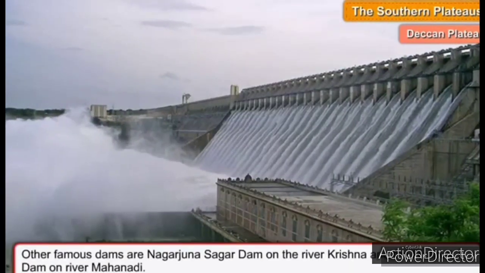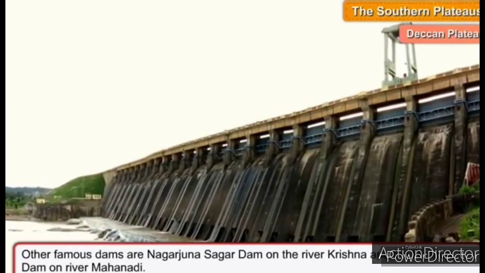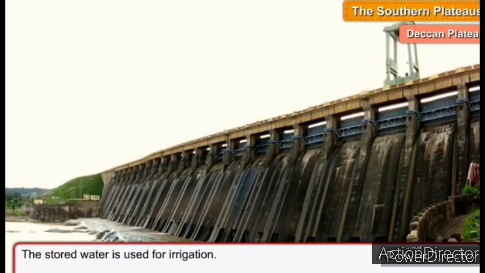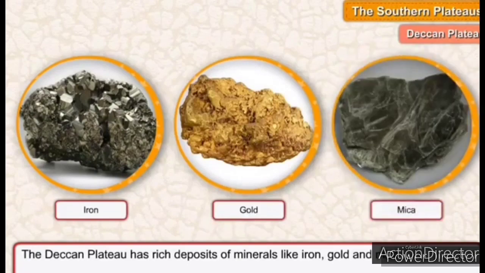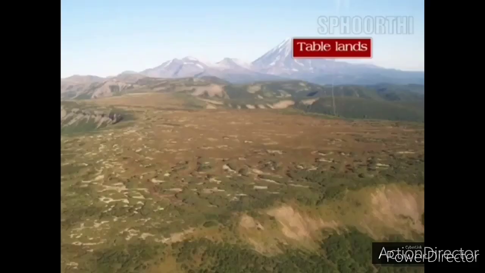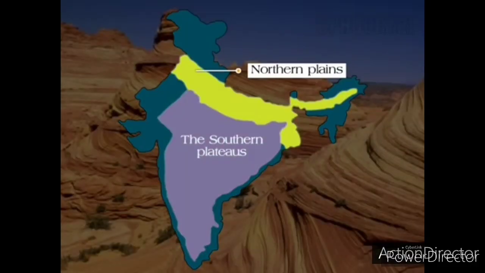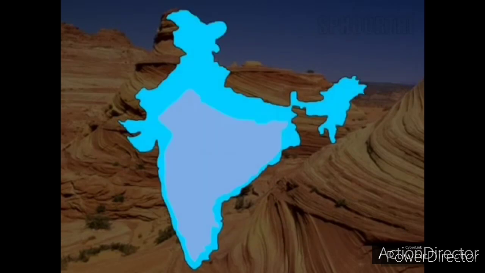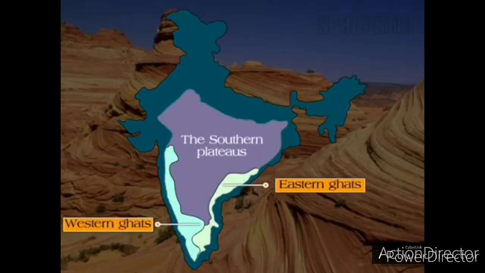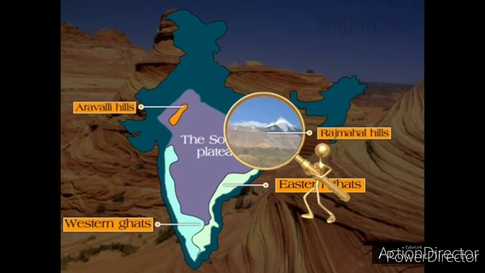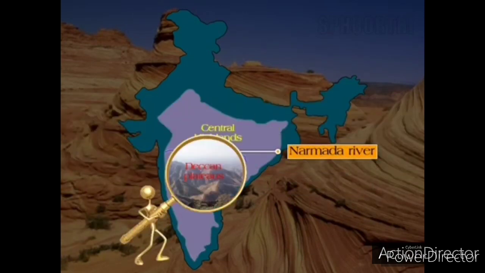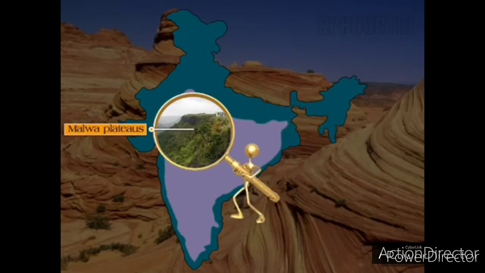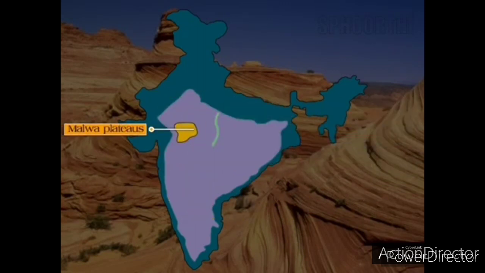The Deccan Plateau is on the south of the Satpura and is rich in iron, gold, and mica. People speaking different languages and from various cultures live here. According to history, the Deccan Plateau has been home to many dynasties as well.